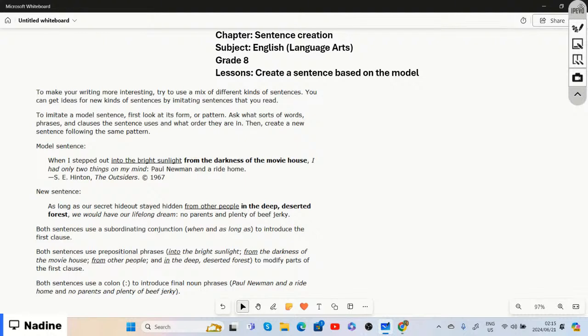So we see that both of these sentences use prepositional phrases, and the prepositional phrase being used within the sentence is into the bright sunlight. So into is the word.